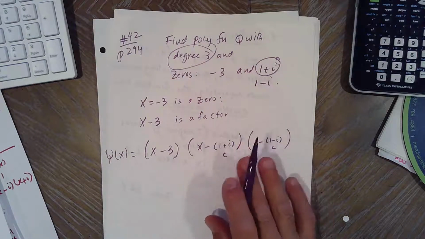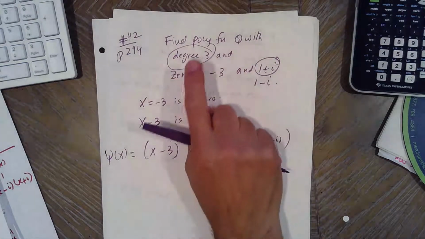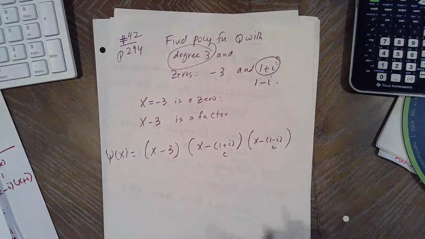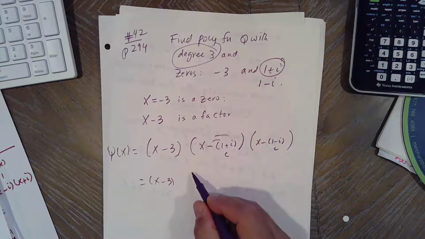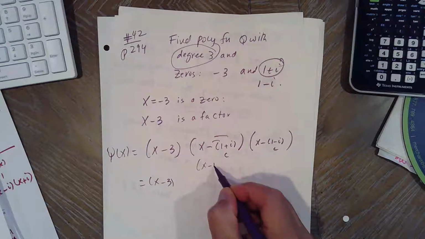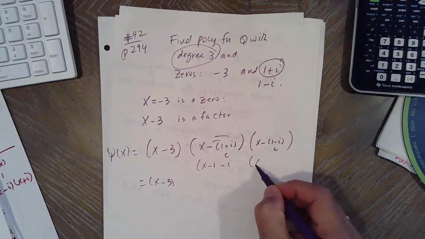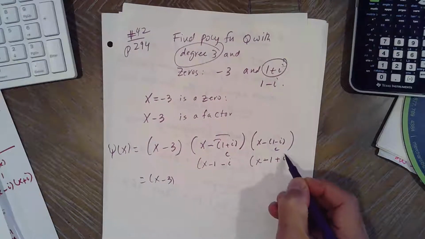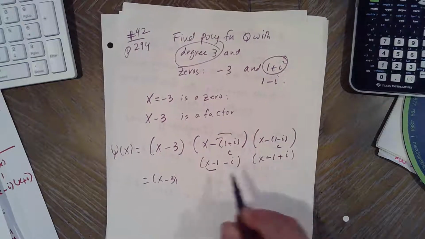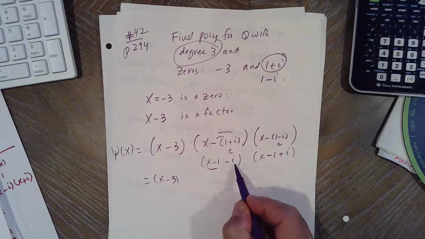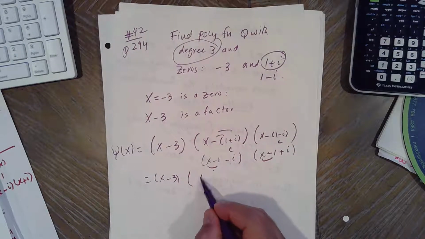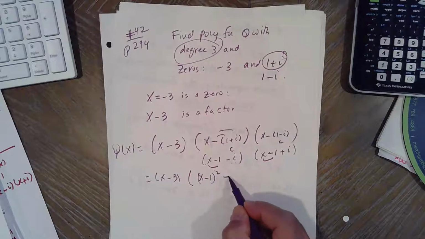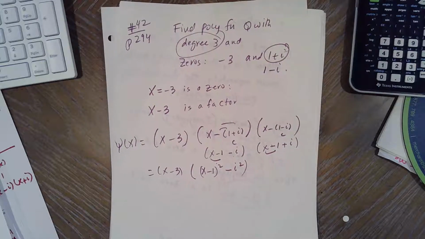Now, it's not acceptable to leave your work like this. We need a polynomial function, so we want to work this out. So x plus 3, and if I distribute the negative here, I would get x minus 1 minus i, and this would be x minus 1 plus i. If you treat this as a minus b, a plus b, the difference of two squares, this would be x minus 1 squared minus i squared, a squared minus b squared.